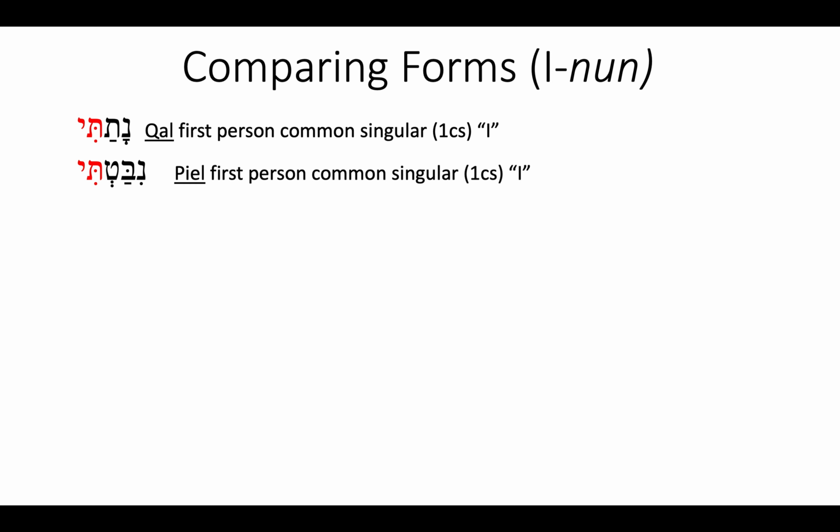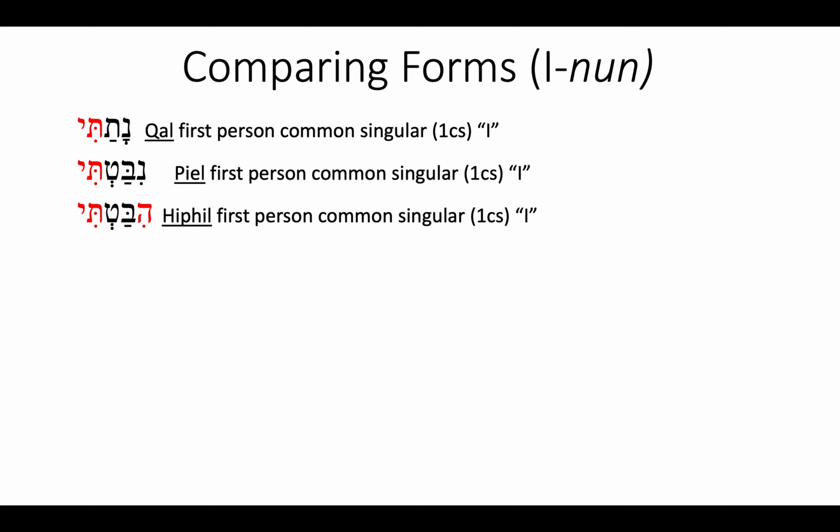And just to show you what a PL root that begins with a nun looks like, I chose nibati. So here we have a hirik vowel under the first root letter and a dagesh in the second root letter, just like we would expect in PL. But what happens from the same root, nun beit tav, when it's produced in hifil?